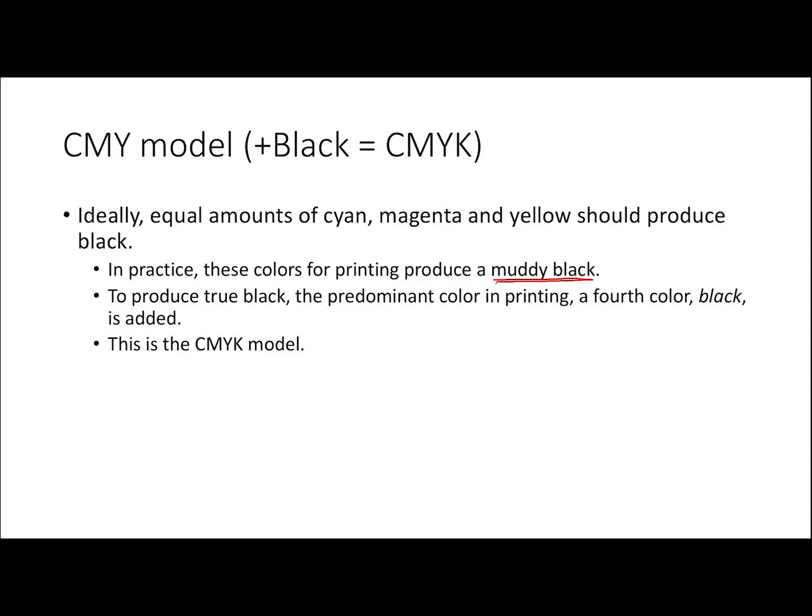So to take care of this problem, along with CMY, another component is also specified, which is the black component, and in that case we get another color model, which is the CMYK model.